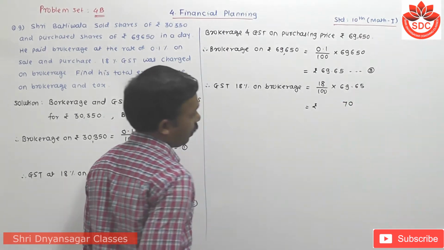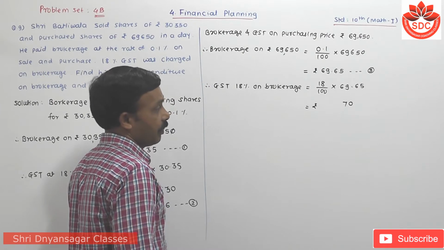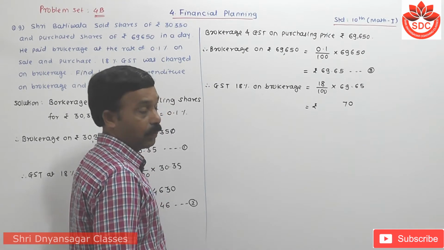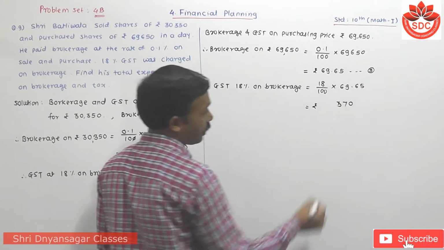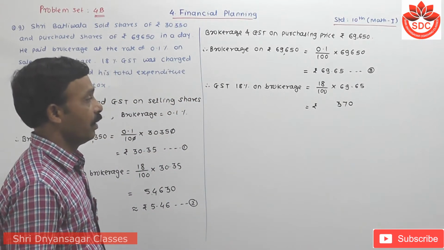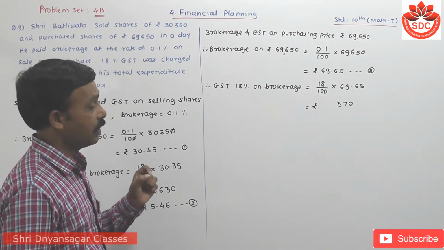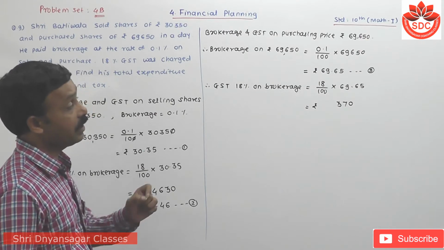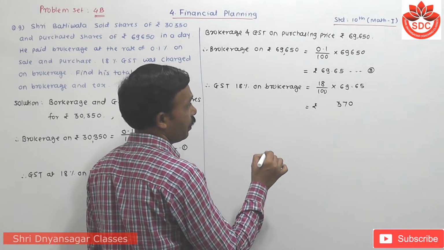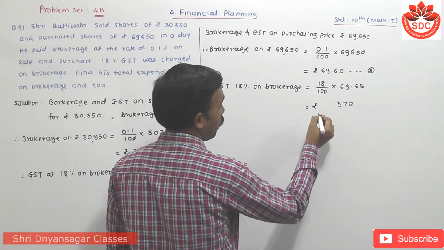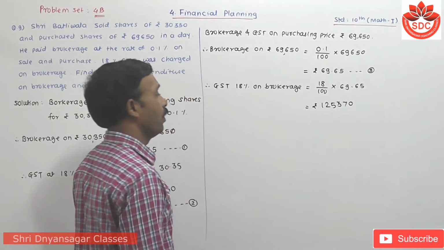117, then carry 11 here. 18 nines are 162 plus this 11 is 173, carry 17. 18 sixes are 108 plus this 17, it is 125.